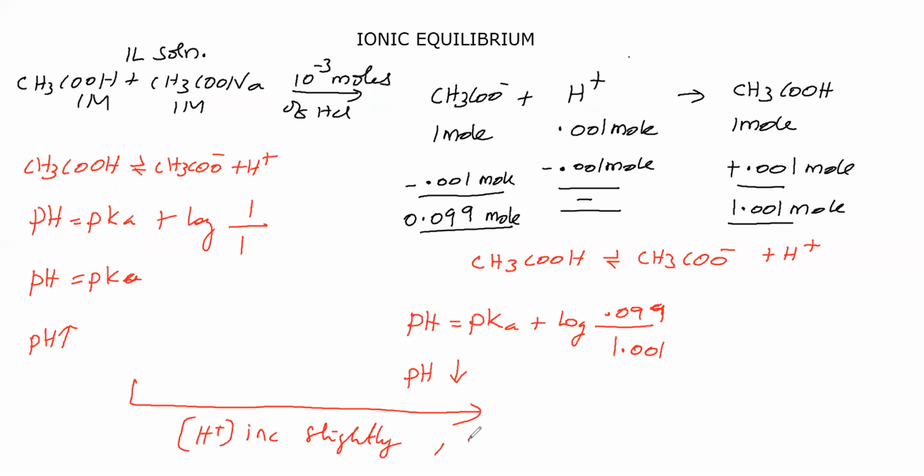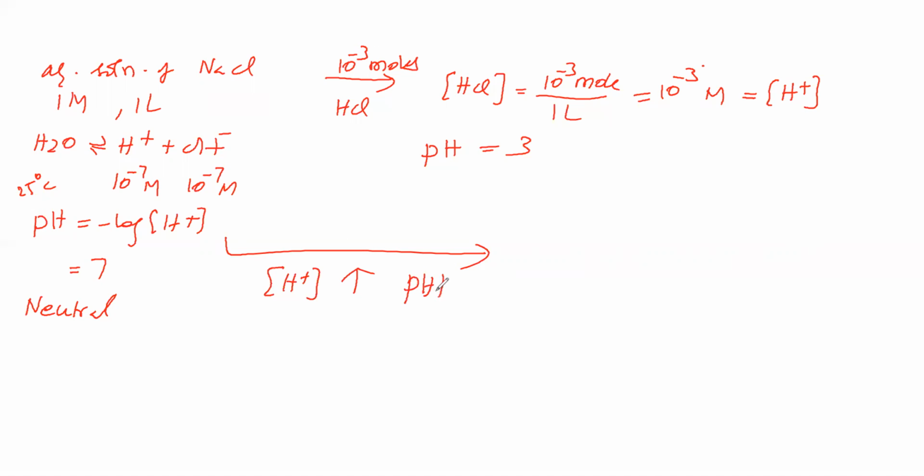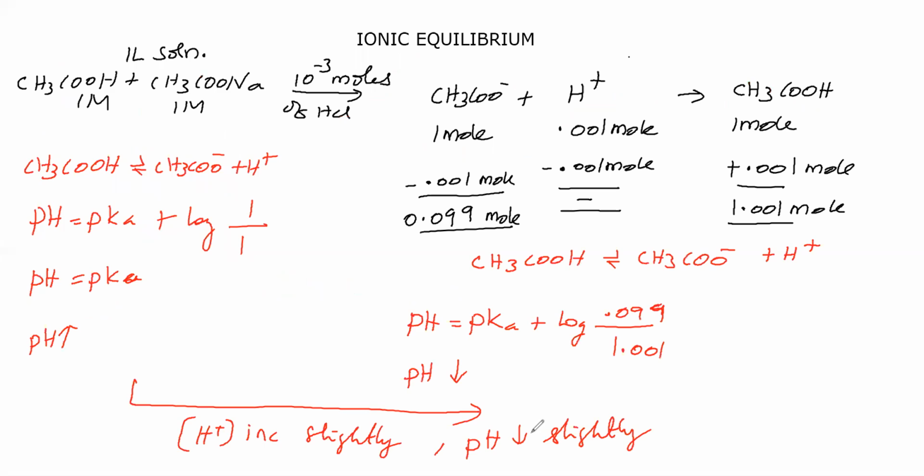Therefore, here also pH decreases, no doubt. pH decreases slightly, we can say. But in the NaCl solution, pH decreases proportionate to the addition of HCl. So there pH decreases normally, but in the buffer pH decreases slightly.